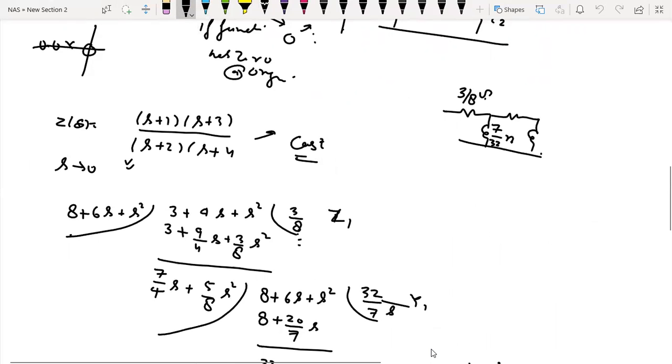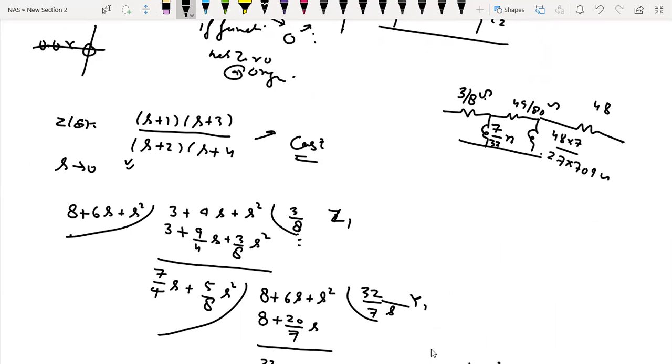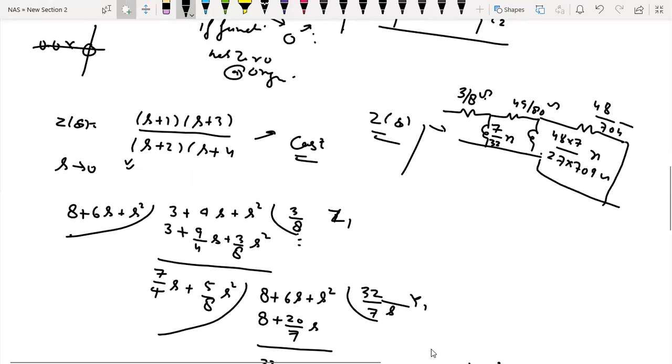The value of this resistance is 49 by 88 ohm, and the value of the next inductor is 48 into 7 upon 27 into 704 Henry. And the last element is 48 divided by 704 Henry. Now connect this function, this is Henry, and this is drawn for the ZS. So this is my Cauer second form. Okay, clear?